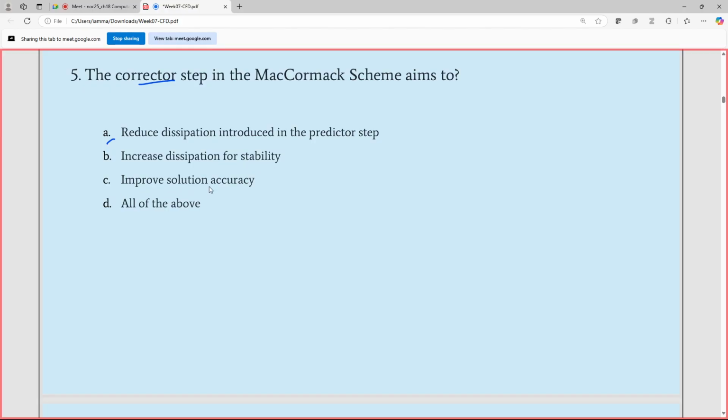Option C, improve solution accuracy. Option D, all of the above. So the question is on the corrector step in the McCormack scheme. What is the idea behind the corrector step?